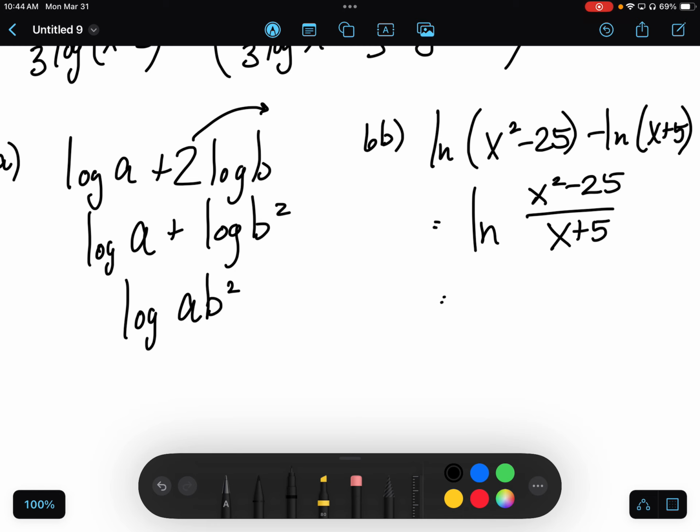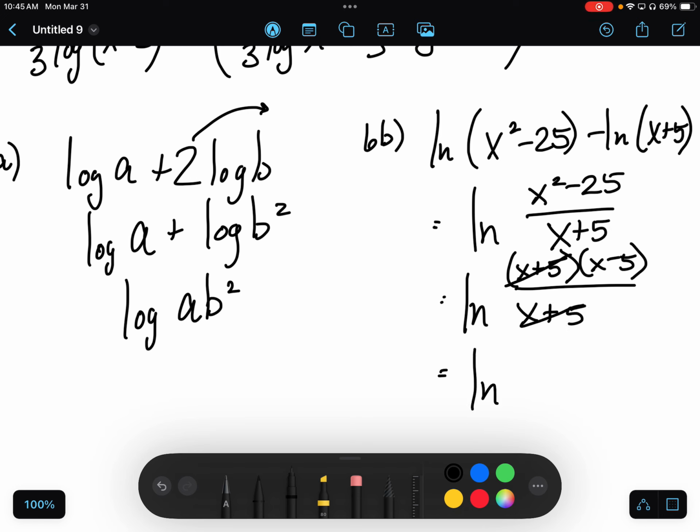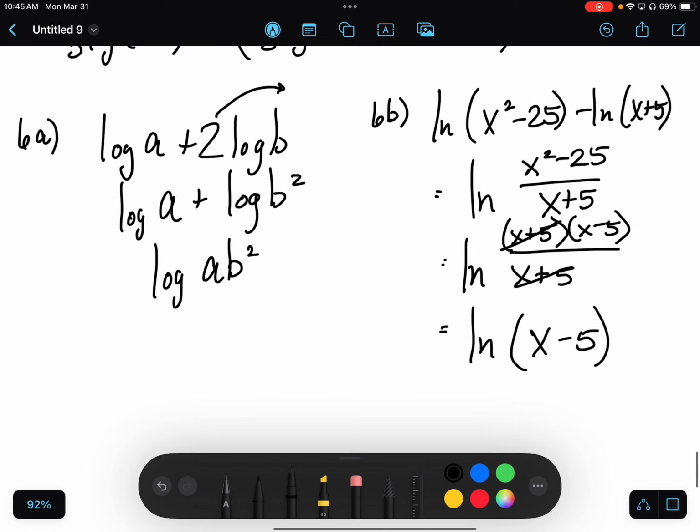Remember, those are fractions. And if you can reduce them, you have to reduce them. Well, x squared minus 25 factors into x plus 5, x minus 5. And the x plus 5s would cancel. So you're left with the ln of x minus 5. That's 6b.